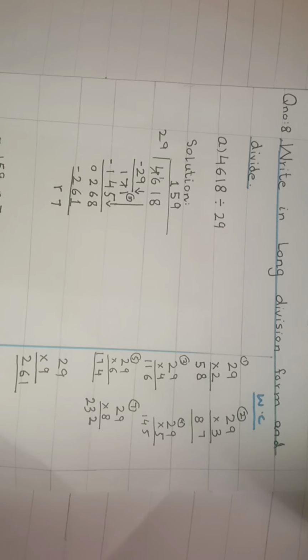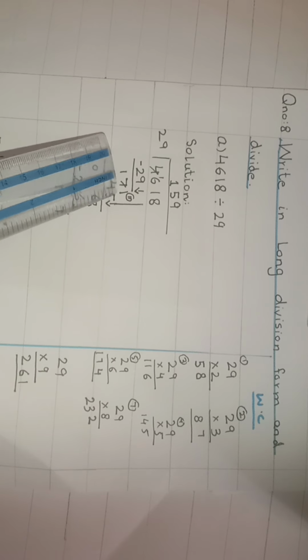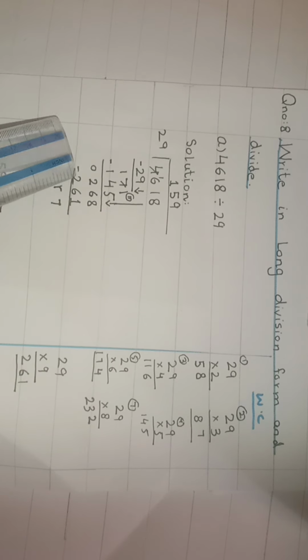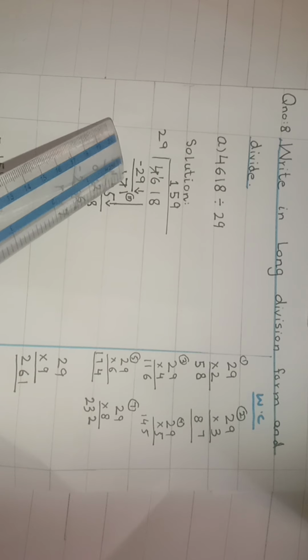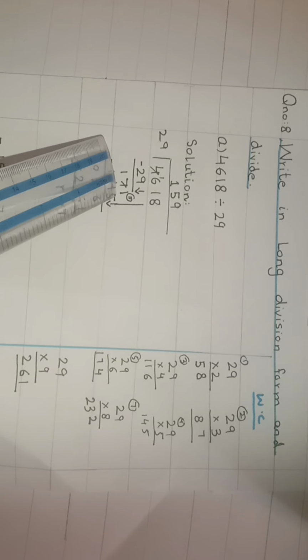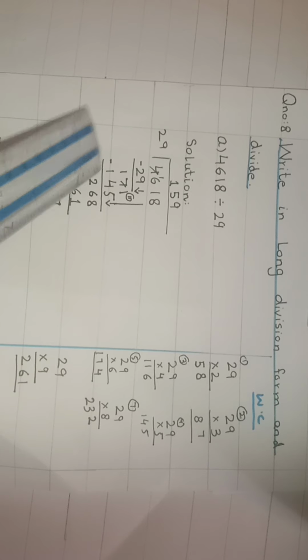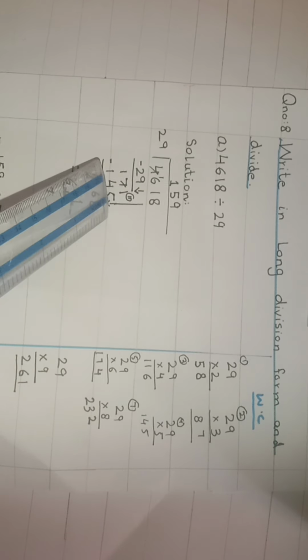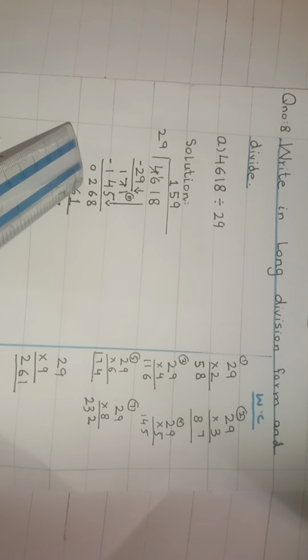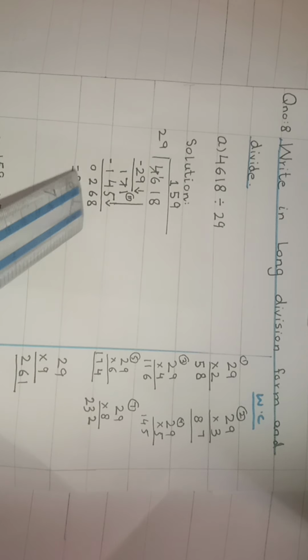Students, you know that in division we will write a number which is less than or equal to the given number. We can't write a number which is greater than the given number, because we have to subtract at the end. So 29 fives are 145. On subtracting we get 26, putting down that 8.